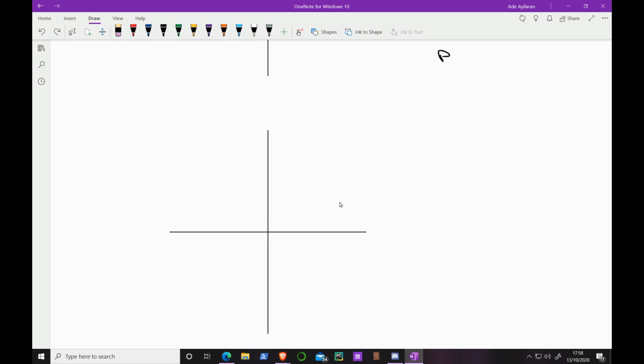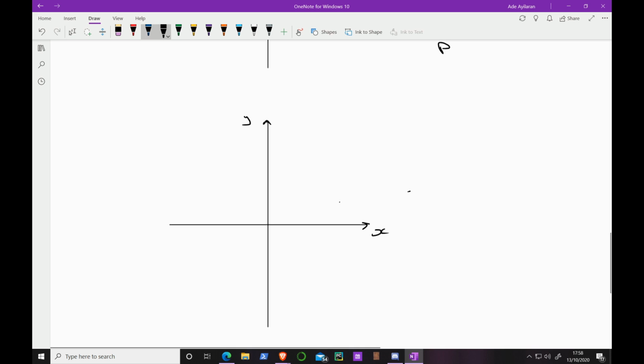So once again, for the third time, I have my x and I have my y, and this is my very rubbish looking x squared graph. So y equals x squared. Just imagine we had, I'm going to use a different color now, a point P here, and a point Q there.